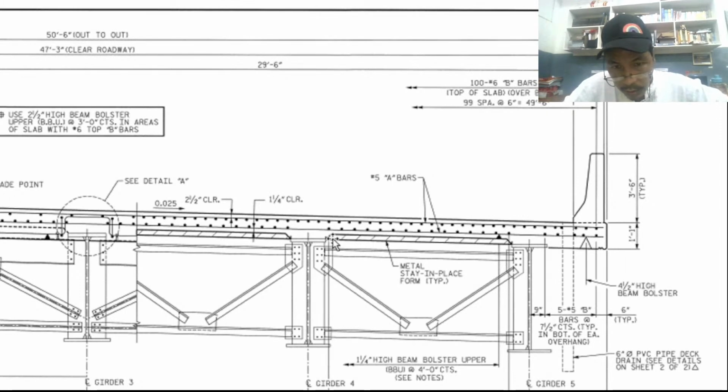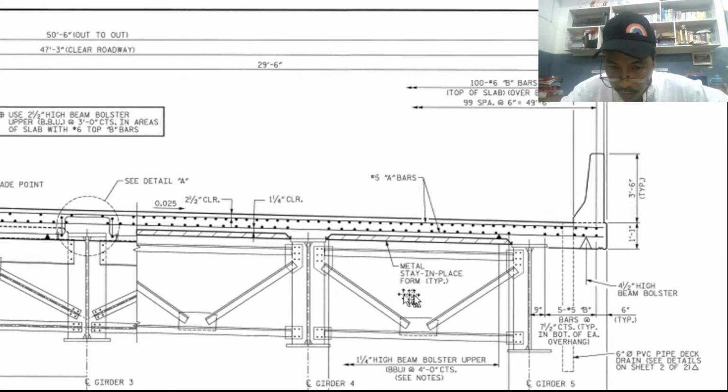This is actually the rib. Okay, so we have what? Metal stay in place form. So it could be decking form. So decking form could stay in place or the decking could be pulled out after the concrete dries. Okay, after the concrete dries, the decking form works, meaning form works. So there are decking form works and that could stay in place like this. So the metal will stay in place.